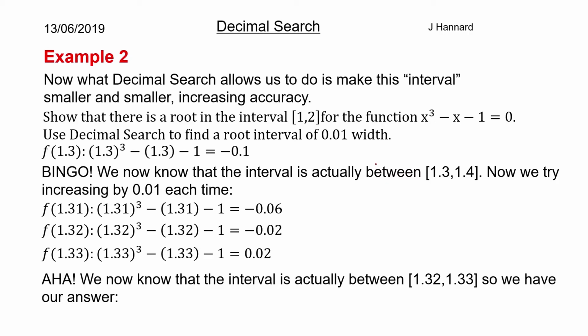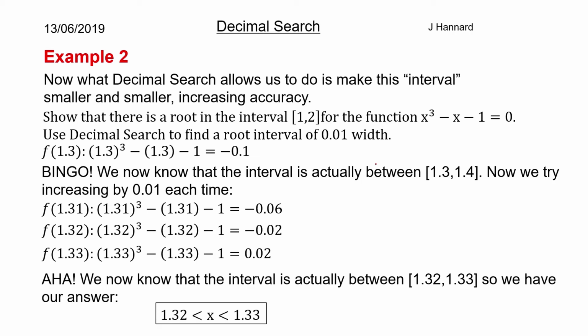So there you go again. Aha! We now know that the interval is actually between 1.32 and 1.33 because there is a change of sign between those, and that is a width of 0.01. So that is your interval, we know that 1.32 is less than x is less than 1.33. So x is trapped between that interval somewhere.